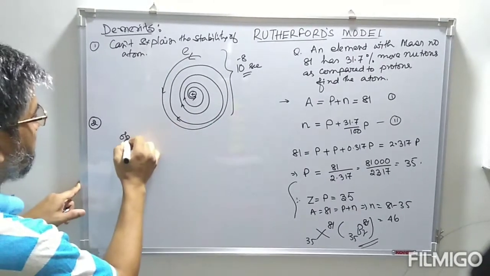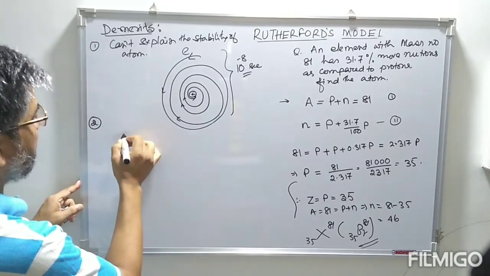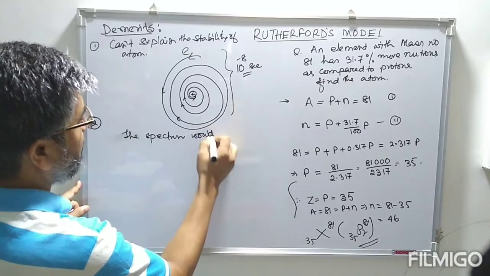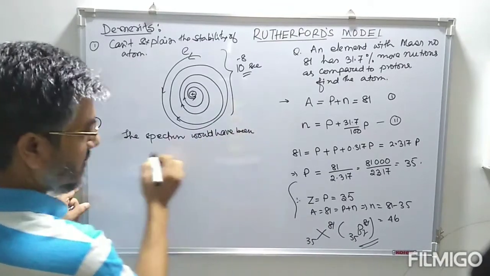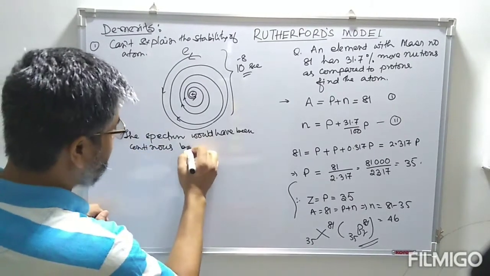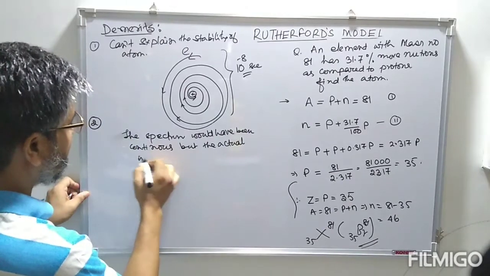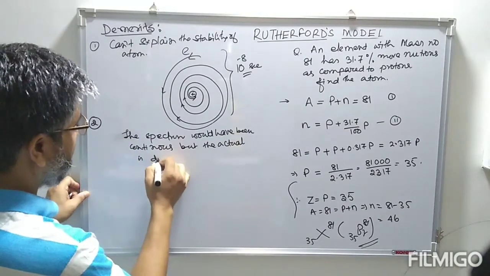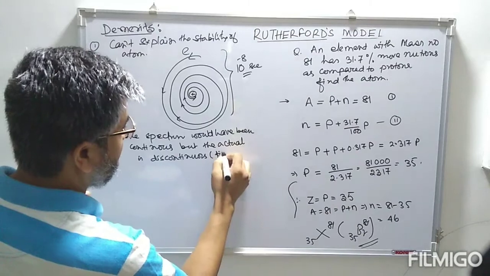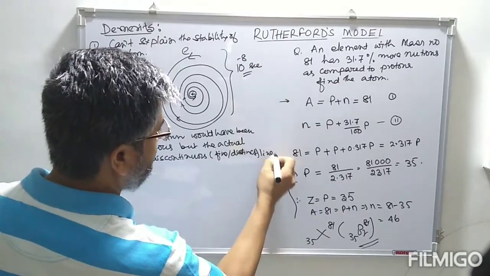According to this model, the spectrum would have been continuous, but the actual spectrum is discontinuous, that is, it contains fine and distinct lines.